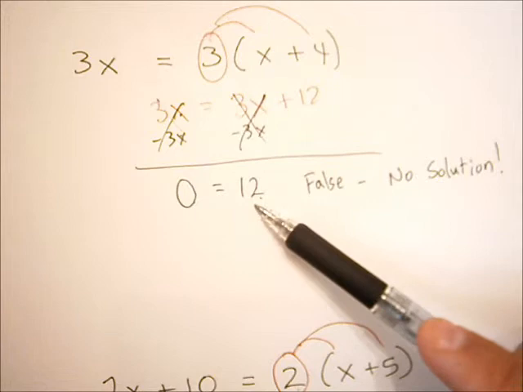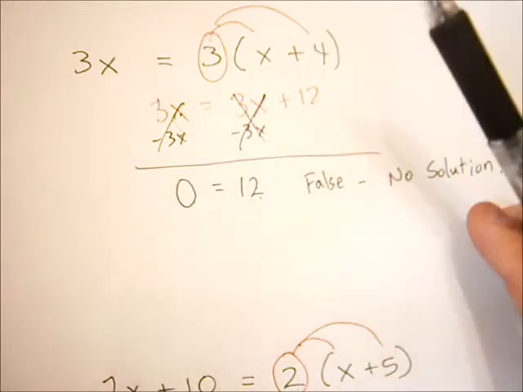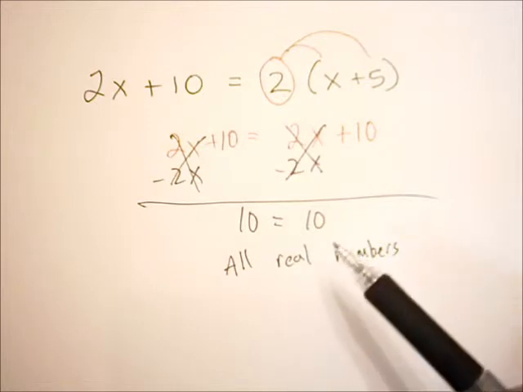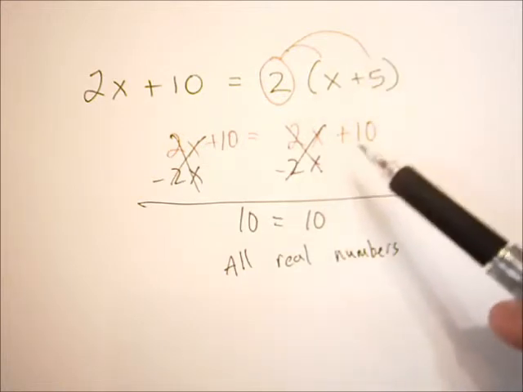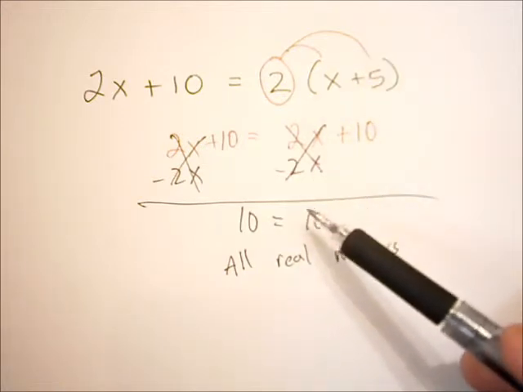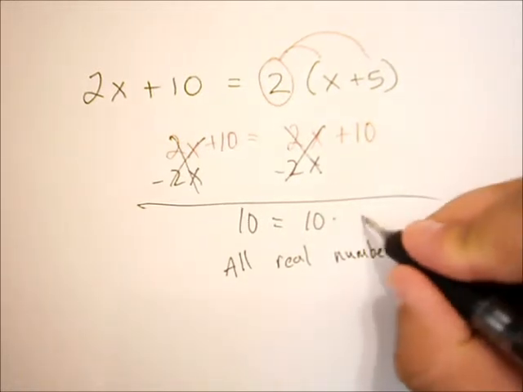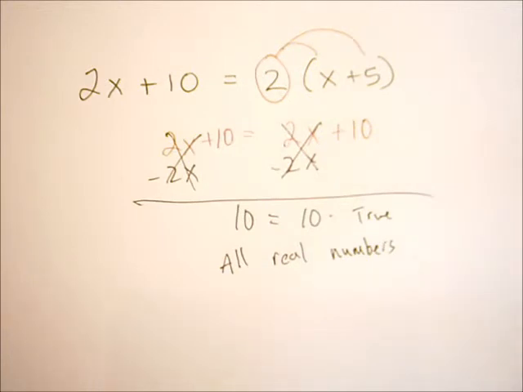So again, when something's false, no solution. On the last one we just did, again, we distributed, tried to get x by itself, but we saw it canceled. But we got something that was always true. 10 is always equal to 10, and so that means it'll work for any real number.